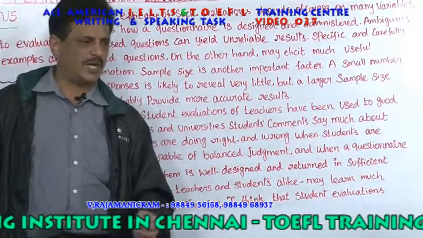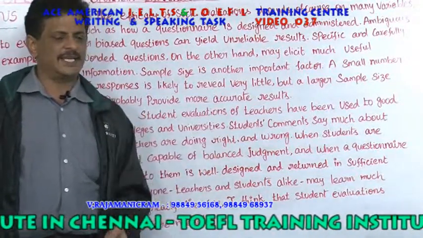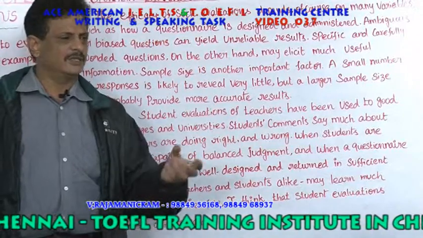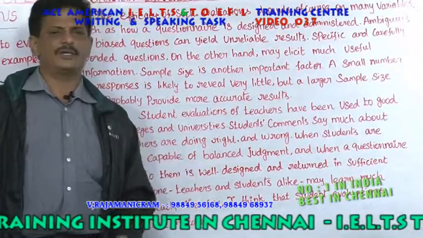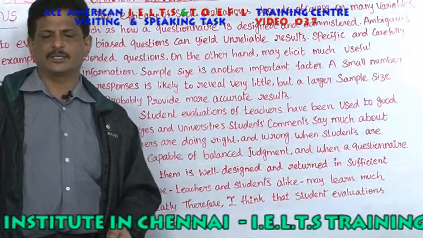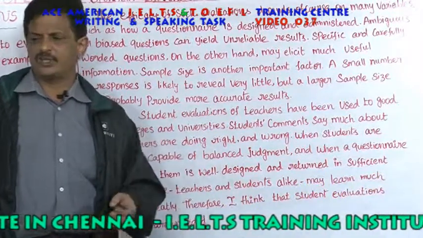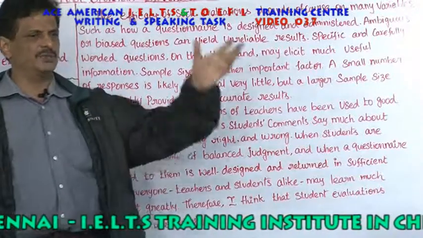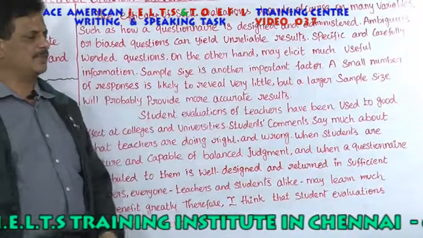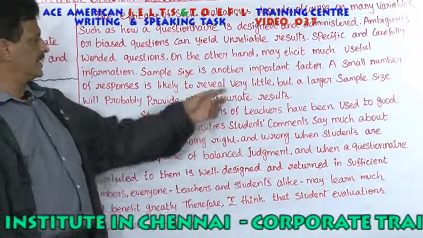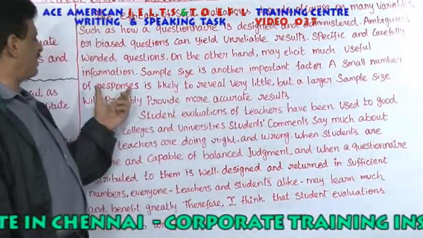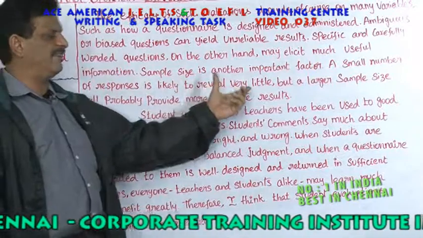Sample size means, out of 50 class students, if you take a sample size of 25 students to answer the questionnaire, the sample size also counts. You should take as many students as possible. The sample size should be quite large. It's an important factor. A small number of responses is likely to reveal very little.